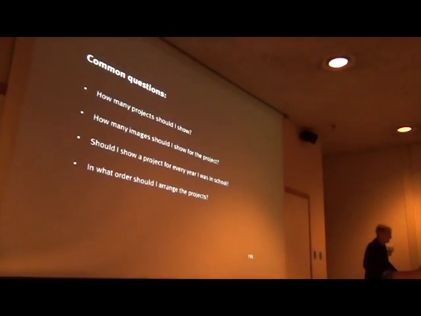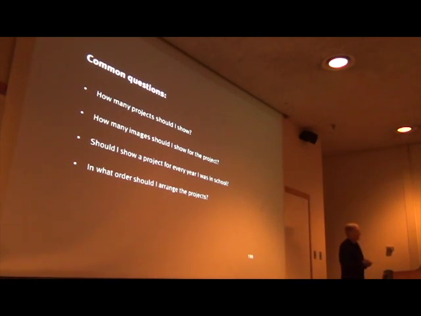There they are. Okay, how many projects should you show? The usual answer is around six. But the main answer is do not show anything that you don't think is awesome. If you don't think it's really good, then you should probably take it out of your book. I would ask an architecture professor.